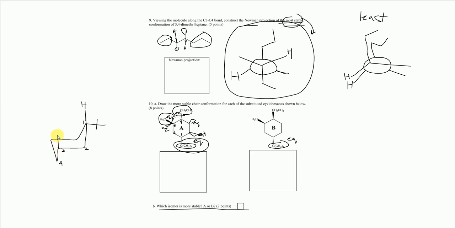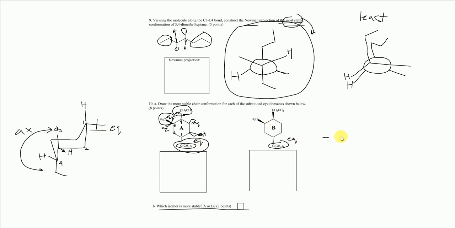So axial goes up like this. So I just have a CH3 group, and draw the hydrogen out in equatorial. And then on 4, I have this also in axial, so I have this like that. Bam. Okay, so this is what I have. I have this on equatorial, and these 2 on axial. So I have 2 axial and 1 equatorial.